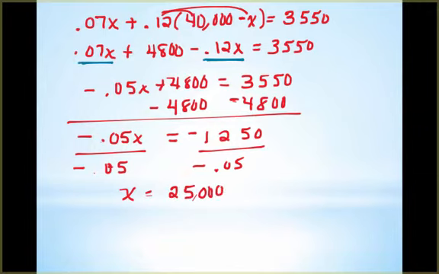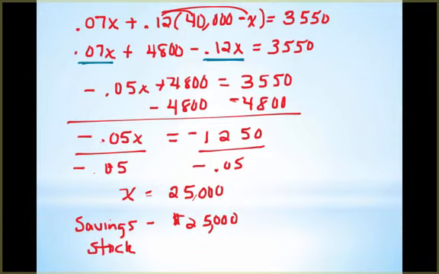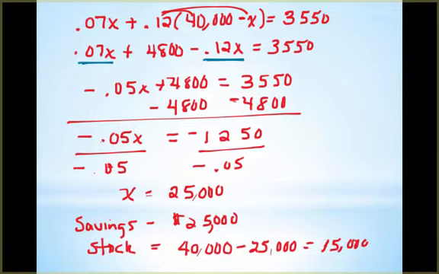Well, look back at your table. X is the amount in savings. So in savings, I'm going to put $25,000. And in stocks, remember, we took 40,000 minus how much we put in a savings account, and that would give me 15,000 in our stock account.